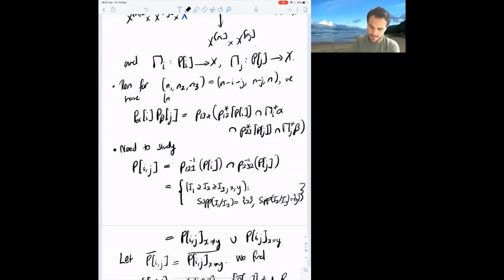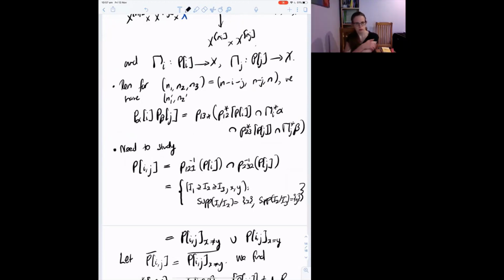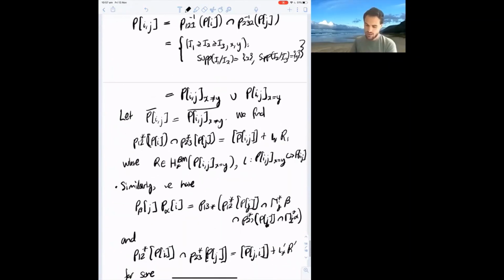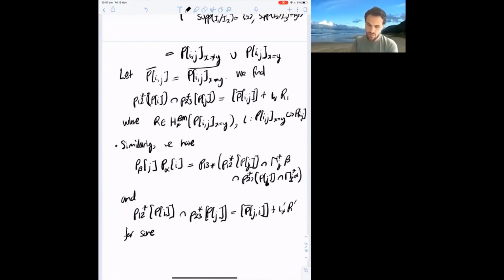So we have n1 prime, n2 prime, n3 prime is n minus i minus j, n minus i, n. Okay. So probably what was there before was correct. But if you need to have primes on the projections, perhaps something like this. Yeah. Okay.